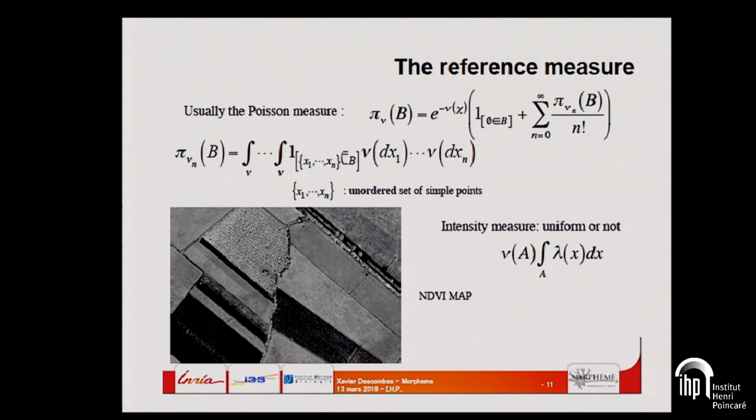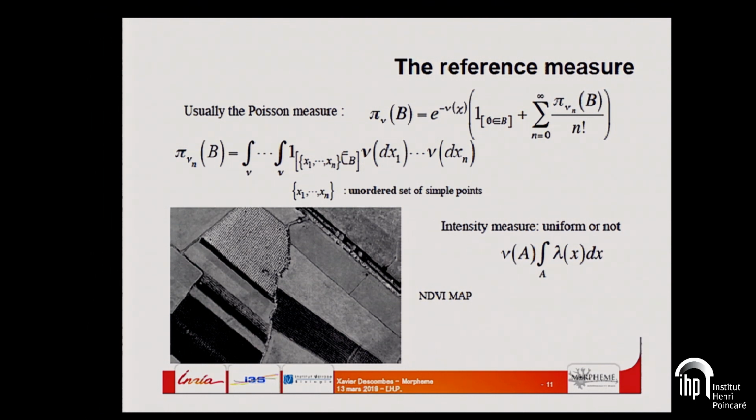But you can also put information inside this reference measure. For instance, in this case of tree detection, what we can do is keep the Poisson measure, but with a non-homogeneous density function, and put in this density a vegetation index that you can compute on your image. What is the advantage of doing this?